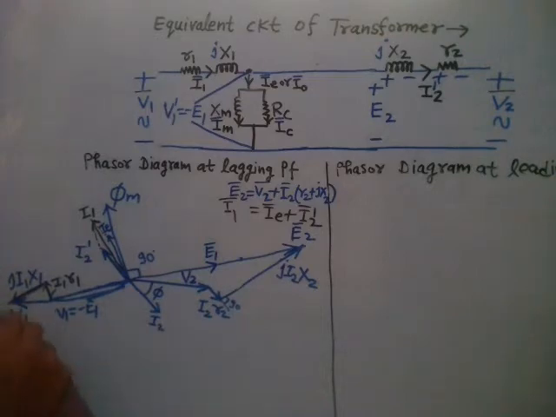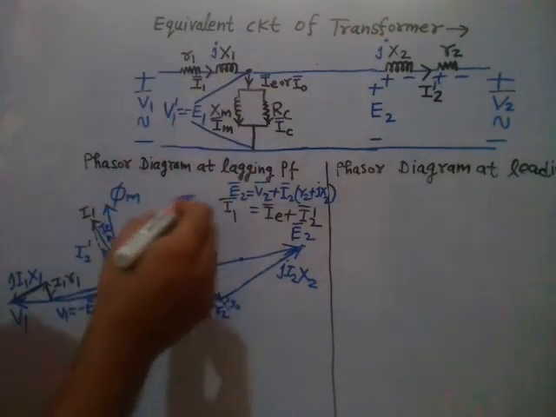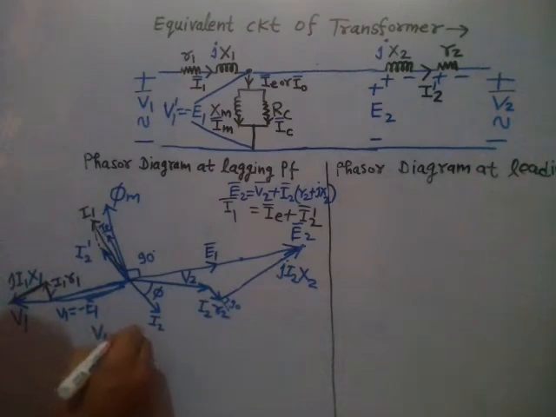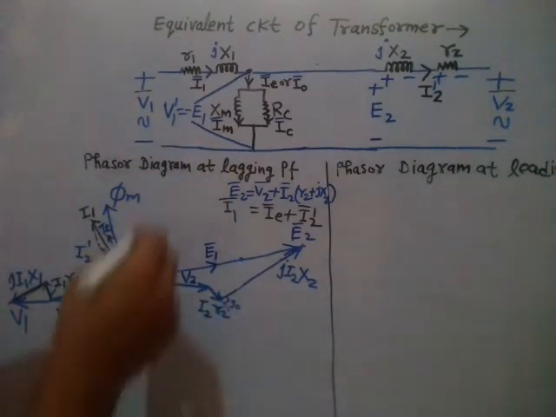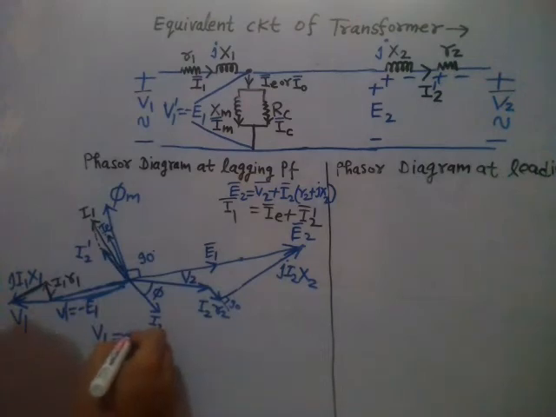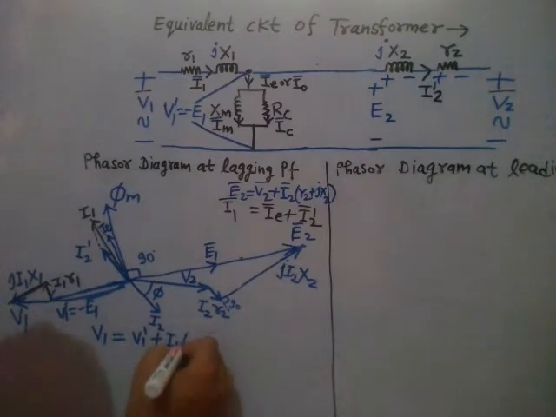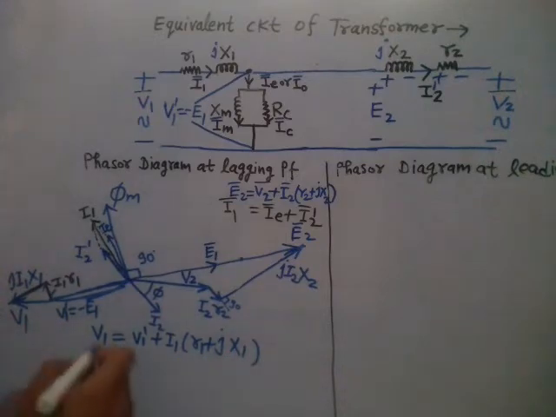This is the voltage V1. So basically, even if you apply KVL, you will get V1 is equal to V1 dash, or that is equal to minus E1 plus I1 R1 plus j times X1, right?